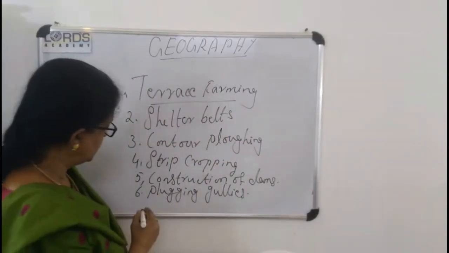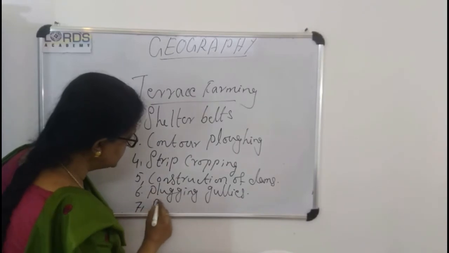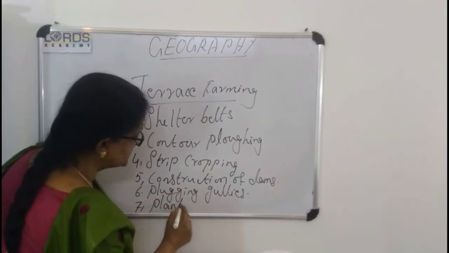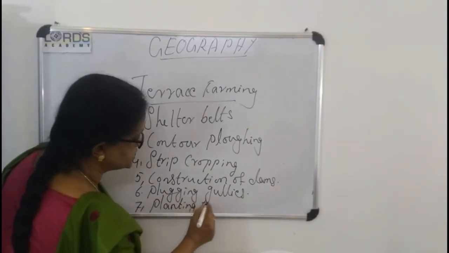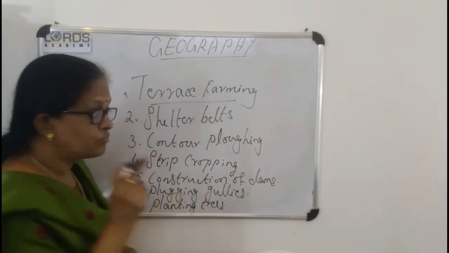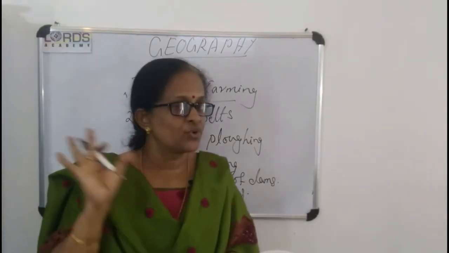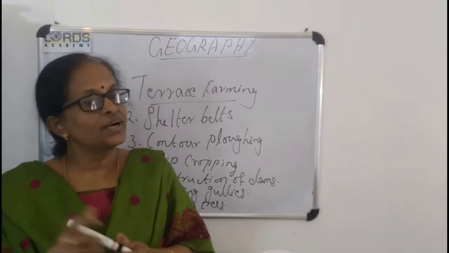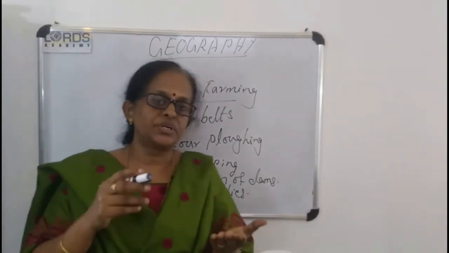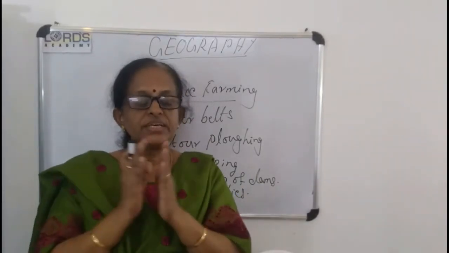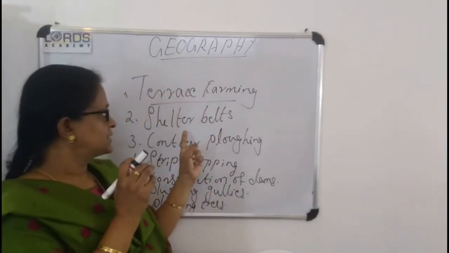The last one is planting trees. One of the reasons of soil erosion we studied is deforestation. What do you mean by deforestation? Cutting of trees. Then what is the solution? Planting trees, like in the shelter belts.